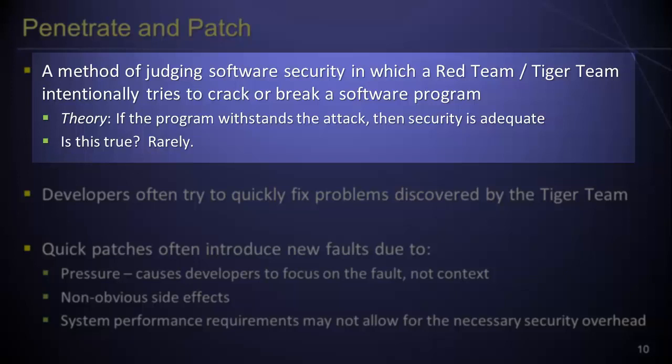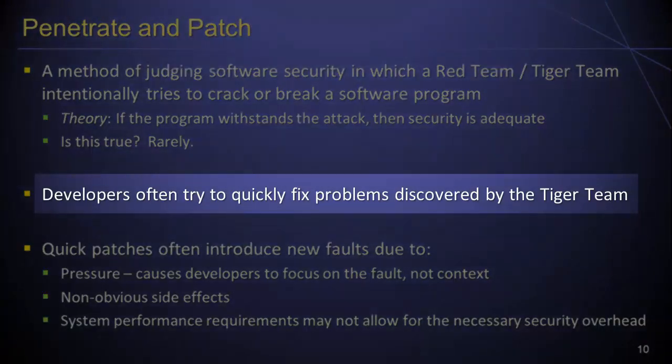The theory underlying this approach is that if a program is able to withstand the attacks of the tiger team, then the security of the program must be reasonably sound. In reality, however, this theory is rarely true.